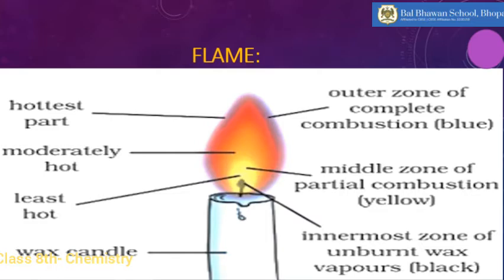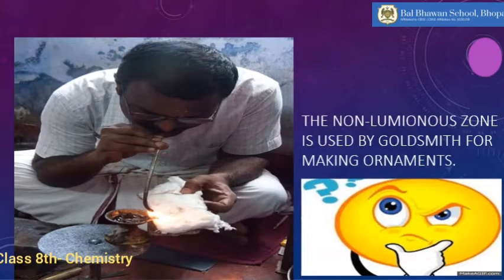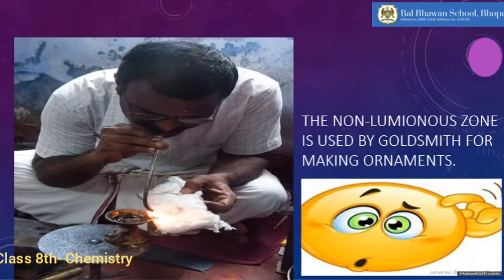This zone is used for different purposes. The outermost zone or the non-luminous zone of candle is used by goldsmith. Why it is used by goldsmith? We all know the reason for it. As it is the hottest zone, it has the ability to melt the gold or silver.